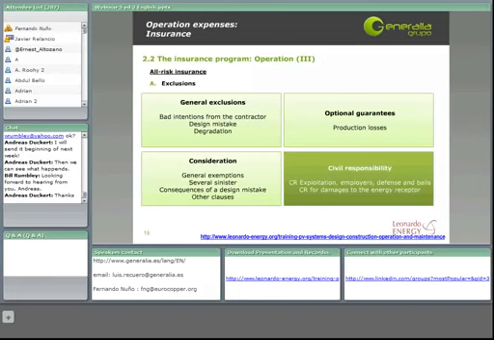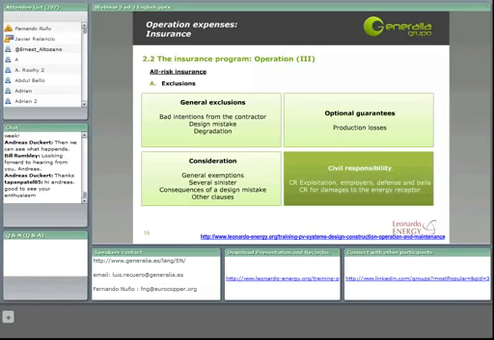Some of them also include another clause to guarantee that during the first 10 years, the degradation won't be higher than 10%.